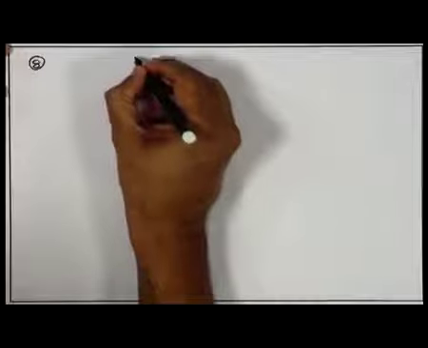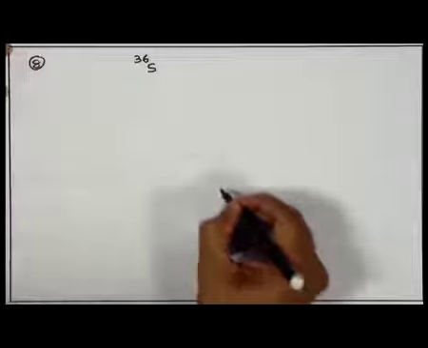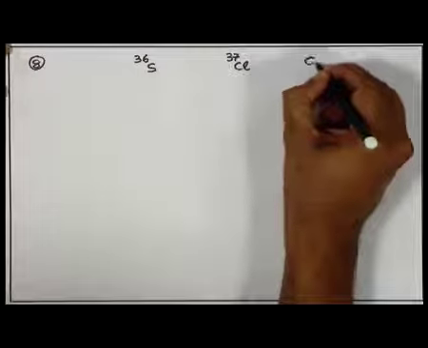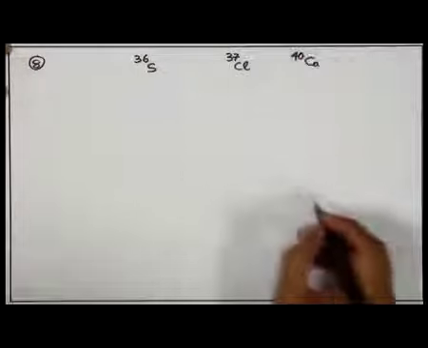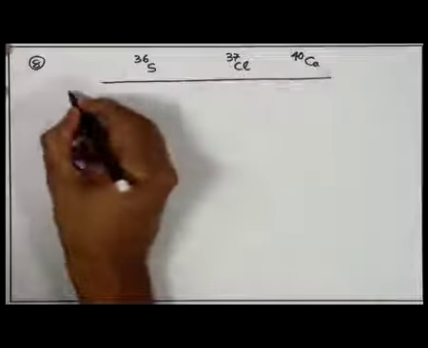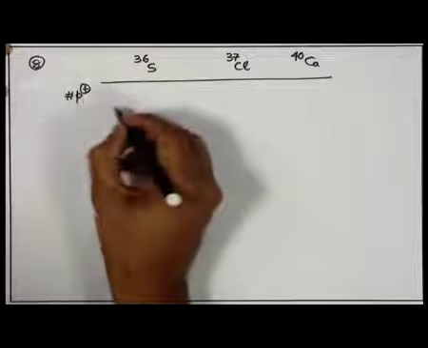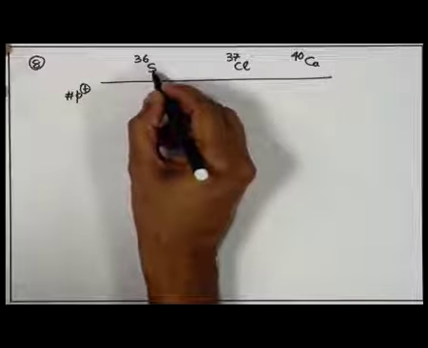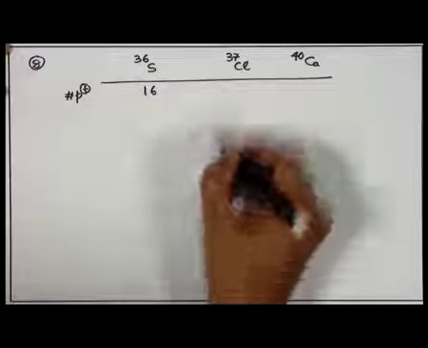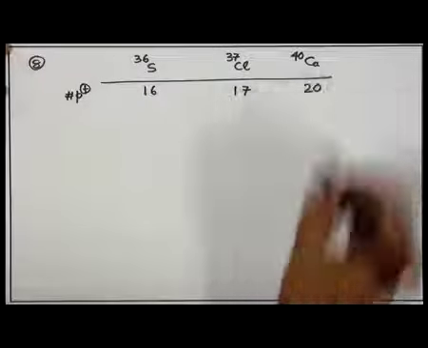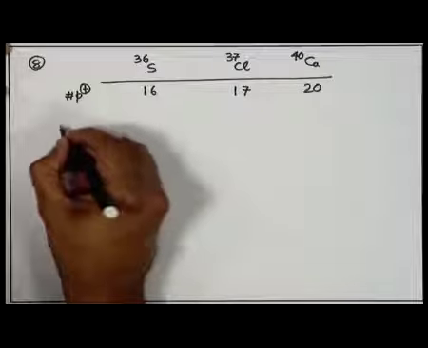Let us consider these three species: sulfur 36, chlorine 37, calcium 40. Let us find out the number of protons. In this case, it is sulfur, the number of protons is 16; chlorine, the number of protons is 17; calcium, the number of protons is 20. I know this from the periodic table.